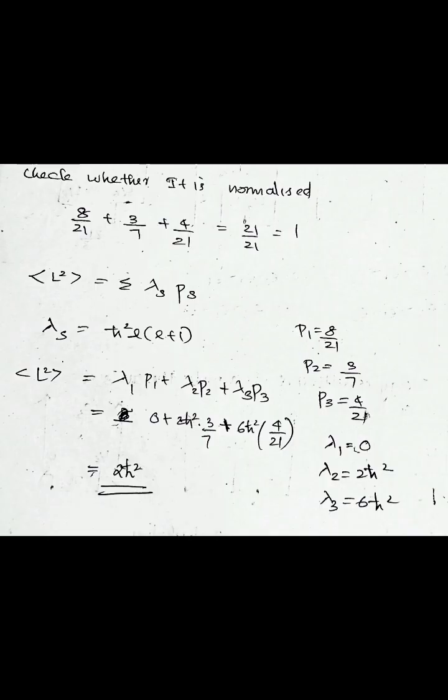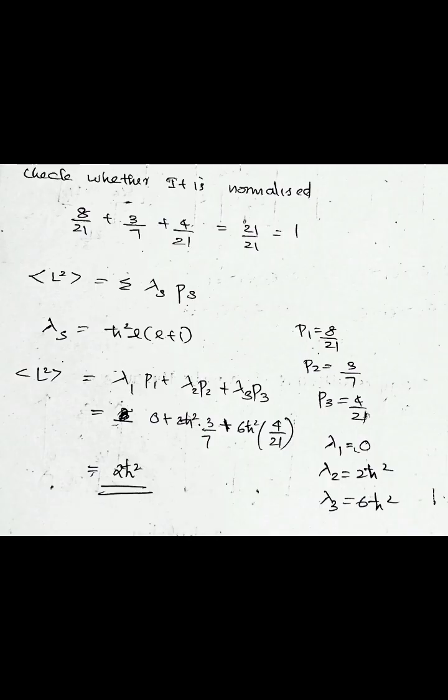So it is normalized. So the average value of L square is equal to the summation of lambda i p i. So here there are 3 states. That means L square average is equal to lambda 1 p1 plus lambda 2 p2 plus lambda 3 p3. p1 is equal to 8 by 21, p2 is equal to 3 by 7, p3 is equal to 4 by 21. And here lambda is equal to h cut square into L into (L plus 1).